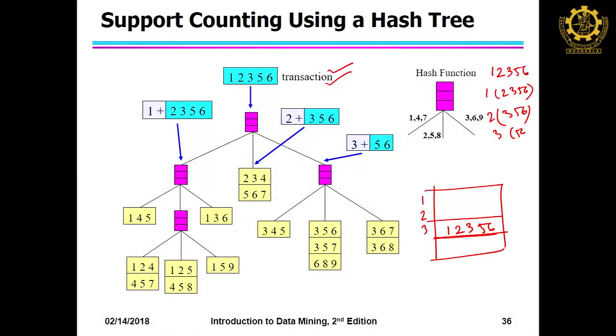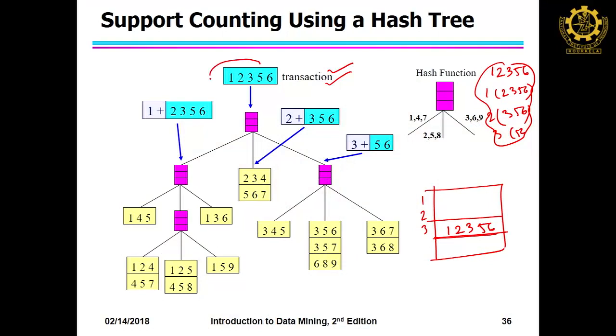So this is the transaction, and how do we search for it in the hash tree? We will generate all probable item sets from this transaction, then search and update the hash tree. Let us say the transaction is 1, 2, 3, 5, 6.